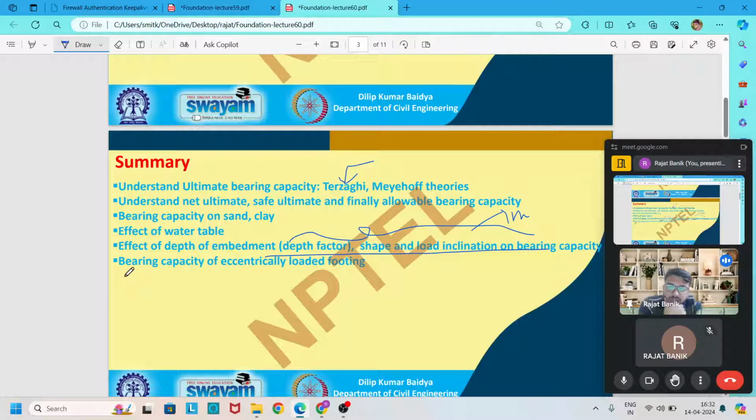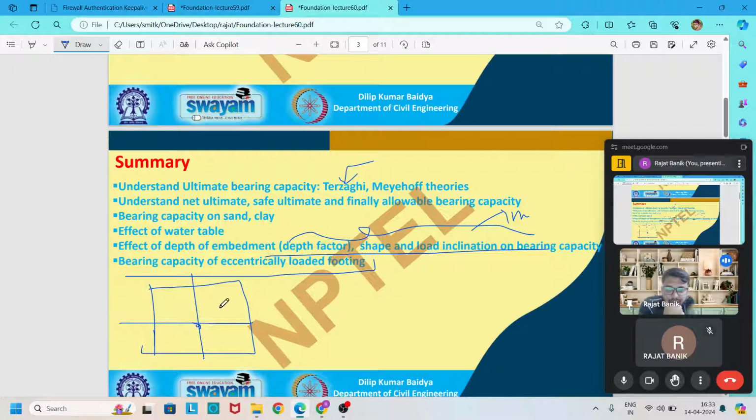Then we also studied the bearing capacity of eccentrically loaded footing. We know that if the loading is eccentric on the footing, that means it does not lie on the CG of the foundation but away from the CG like this, then the effective area of the foundation is reduced due to the eccentricity. So we also studied this type of problem, so please go through it.